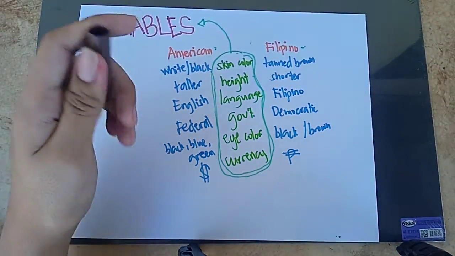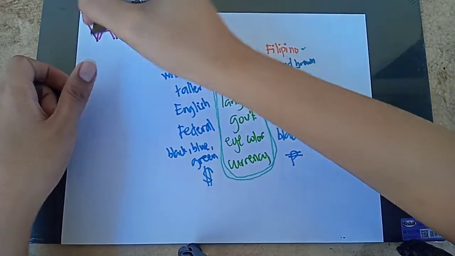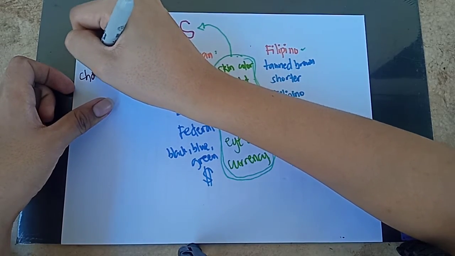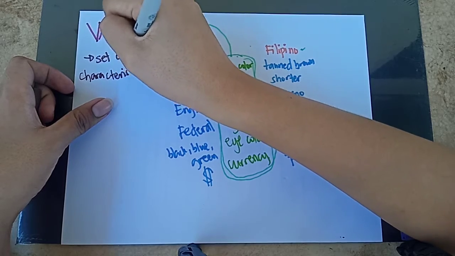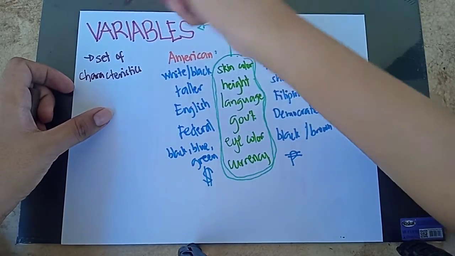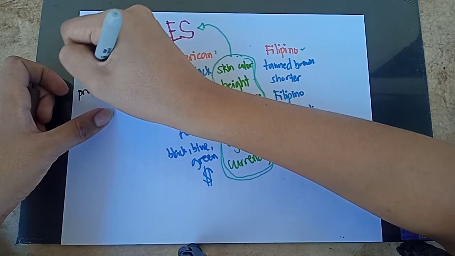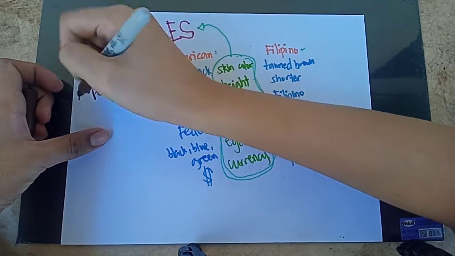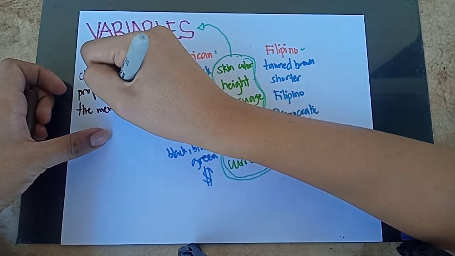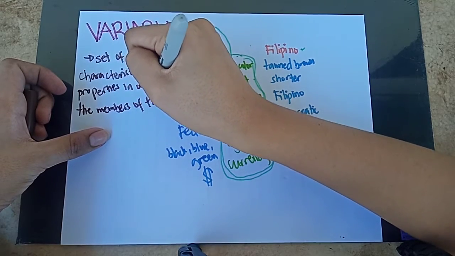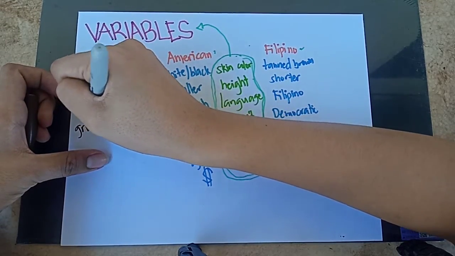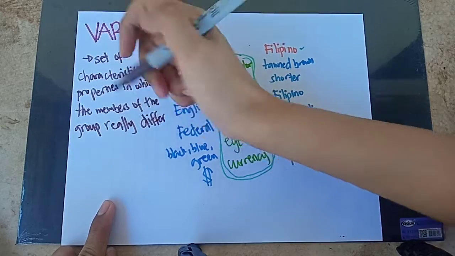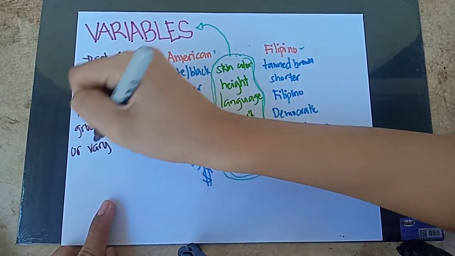Now, with this illustration, how can we define variables? Simply, variables are the set of characteristics or properties in which the members of the group really differ or vary from one another.